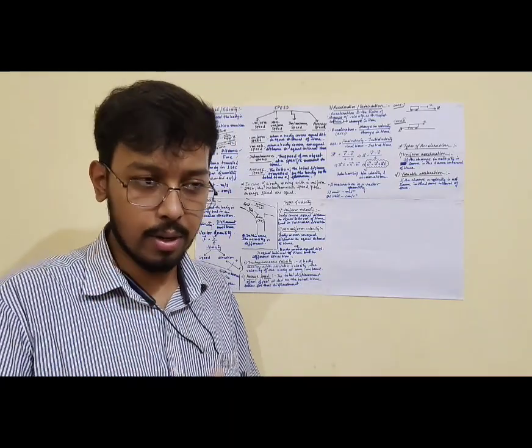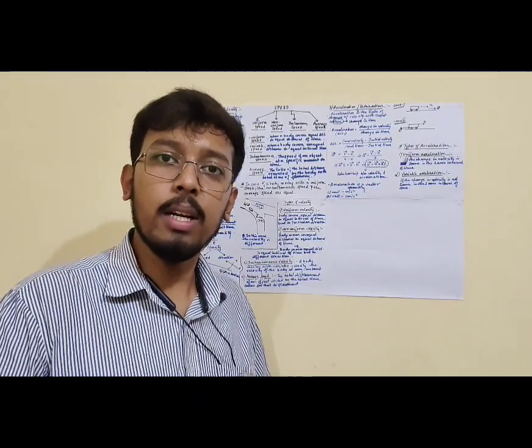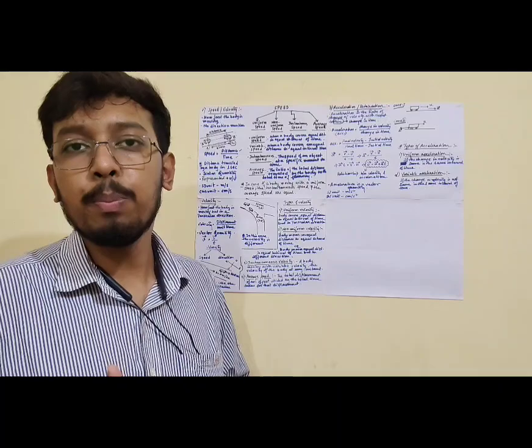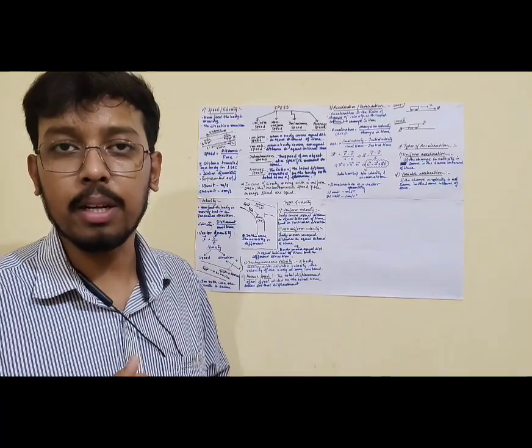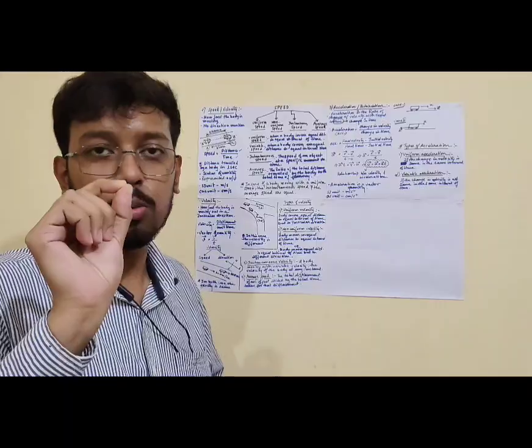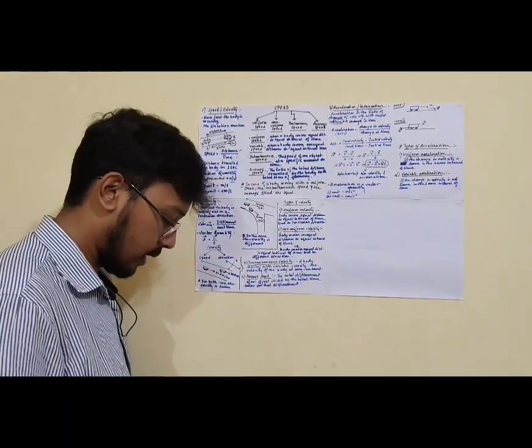As to define speed, no direction is described, so the speed is a scalar quantity. Now, to represent speed, we write it using small letter u or small letter v, as you can see here.